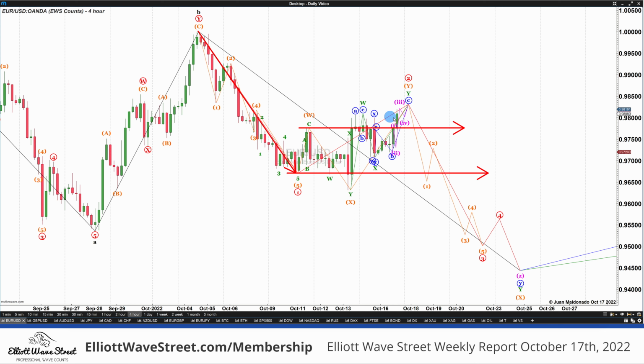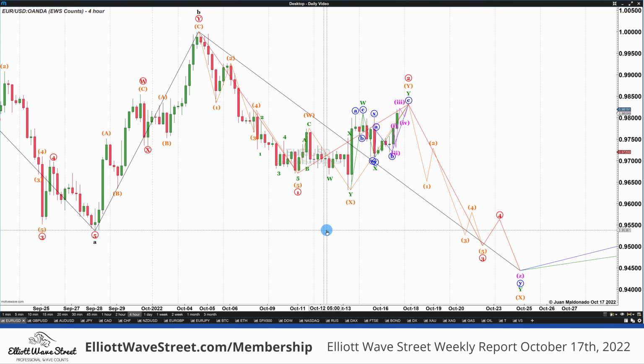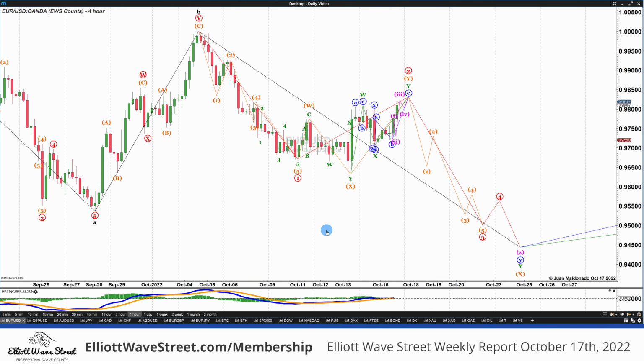As we can see, this is a complex flat formation from the Elliott Wave point of view. So as Elliott Wave traders, we're finding the end of wave 2 this week to short and target the previous low around the 95.50 area.